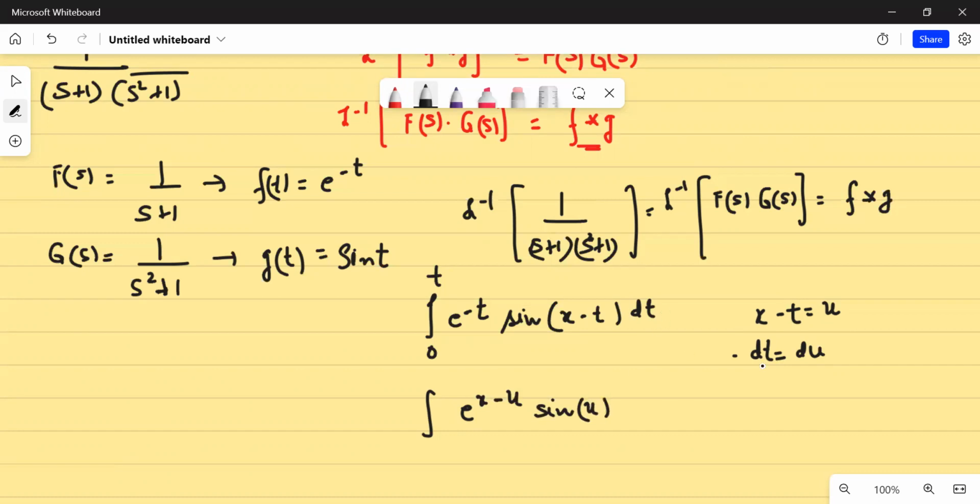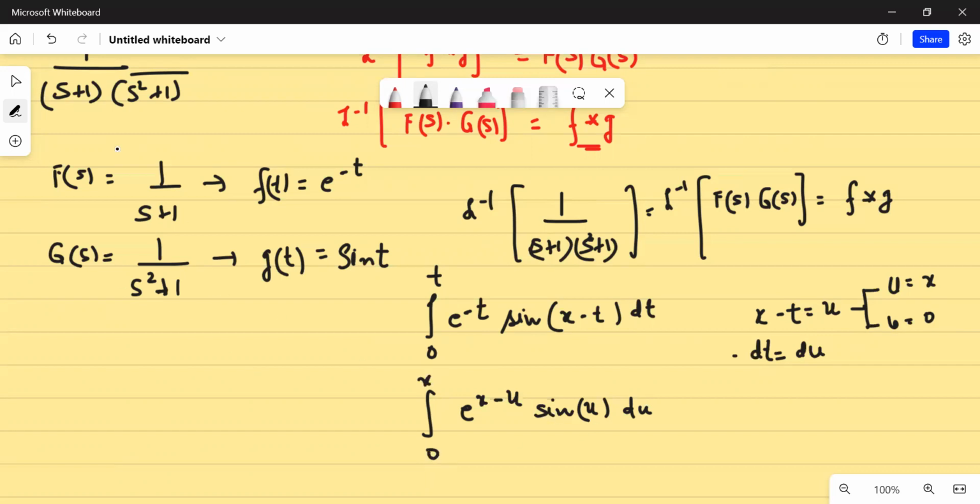And instead of dt, you will get minus du, so I'll write minus du. What is the lower limit? The lower limit for t is 0, so your lower limit would become x. So u varies from x, and the upper limit for t is t, so your upper limit is 0. So instead of taking a negative here, I'll take these limits in this fashion.